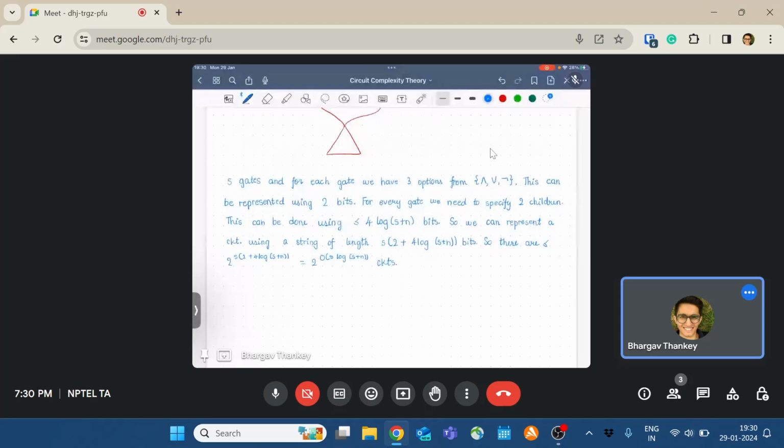Is this fine? Yes. So what I wanted to show here was that if you want to count the number of objects, one way to do it is to find out how many bits you require to describe that object and then just raise 2 to that power.